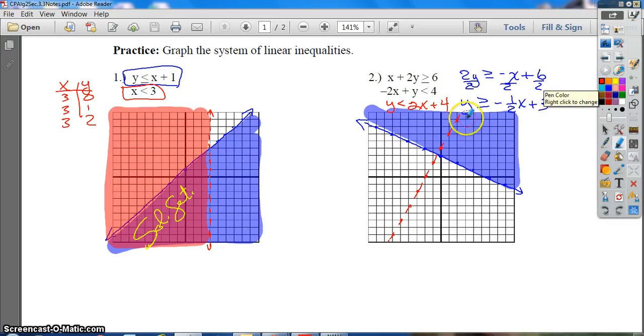Shading, less than. That will be below the line, so that will be the right side. Again, where you see the purple stuff, that's your solutions, right here. Any point in that overlapped area will be a solution of both those inequalities.